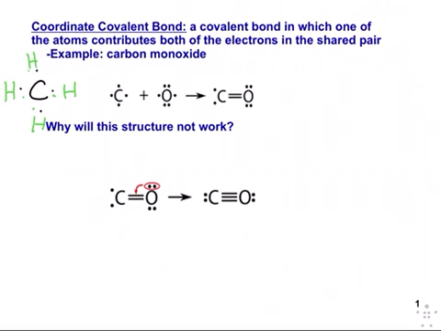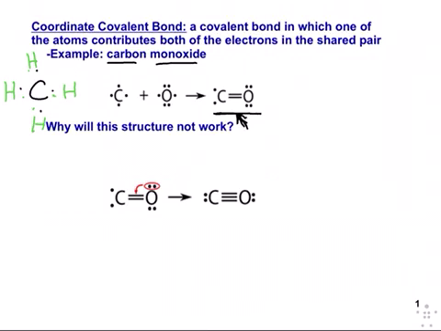And the example here is carbon monoxide. So that's 1 carbon and 1 oxygen atom. If we do it this way, where 1 atom contributes an electron to each of the bonds, you get this diagram. What is wrong with this diagram? Marta?